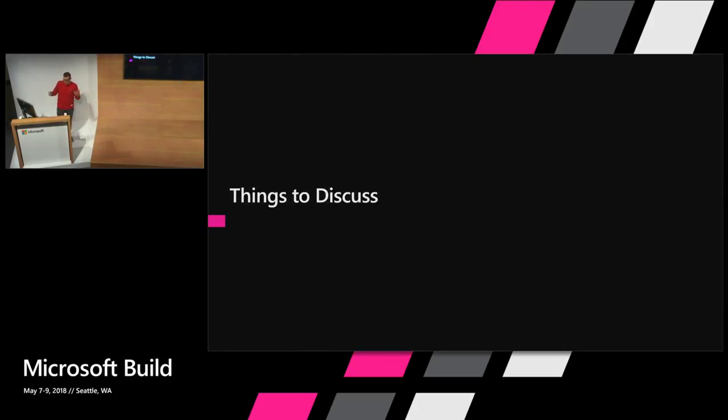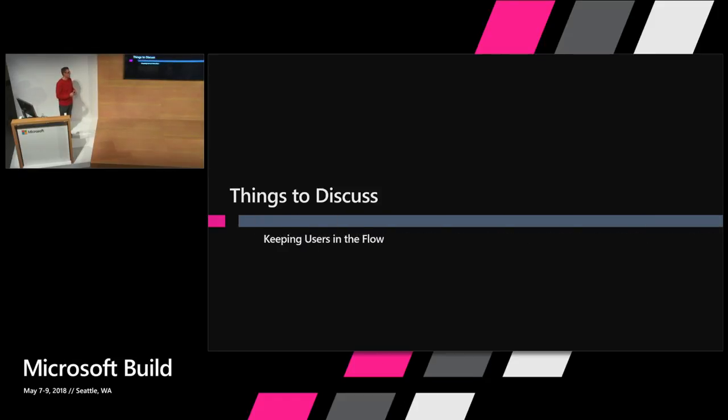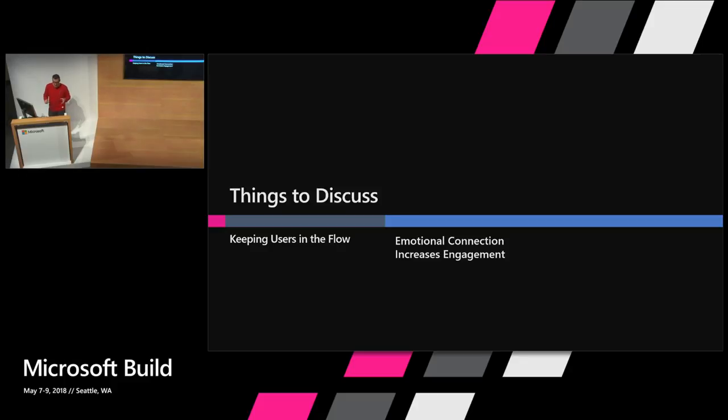And the path to meaningful spatial design really starts with a few ideas. I'm going to talk to you about the idea of being in flow state, being in the zone. This is particularly important as workflows become more complex and agile for our customers. Second, emotional connection is incredibly important in engaging and retaining users that use our products.